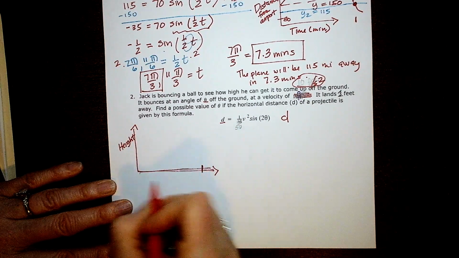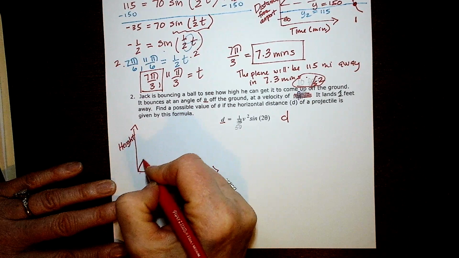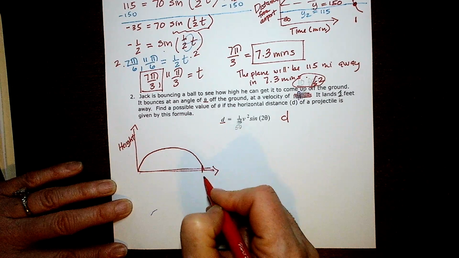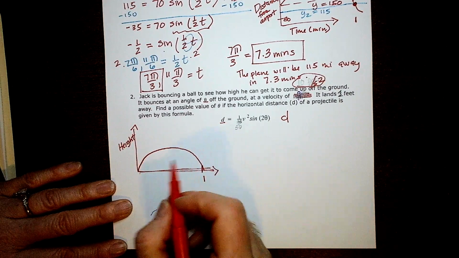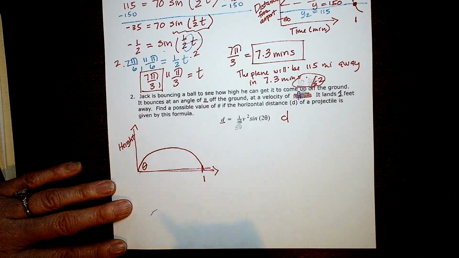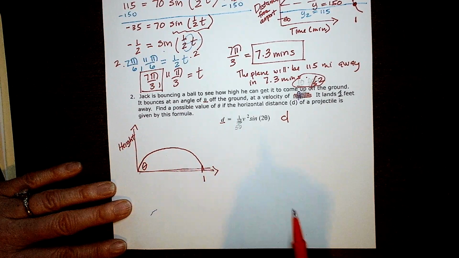What's going to happen is the ball's going to bounce, and it's going to come and bounce 1 foot away. So this is the angle that it's bouncing off the ground. And this is my equation.